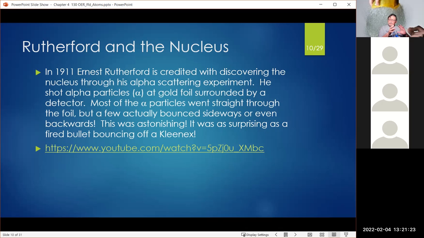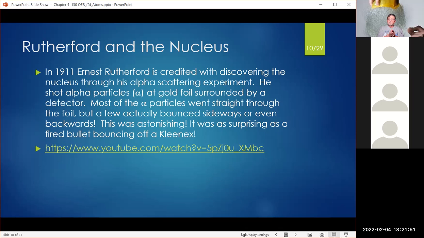And so the experiment he did was generate these large, heavy particles, and he focused them onto a foil of gold. Gold is a very big, hefty atom, okay? And it was surrounded by a similar type of detector that JJ had. And so these particles would hit the surface of the detector, the screen, and then emanate a light.